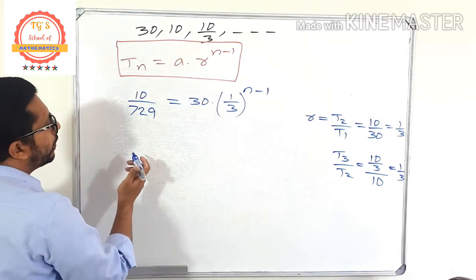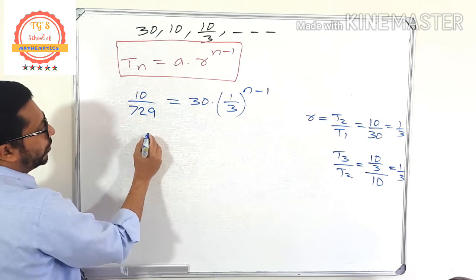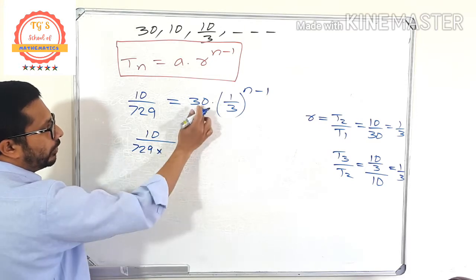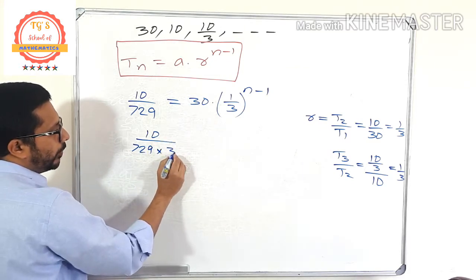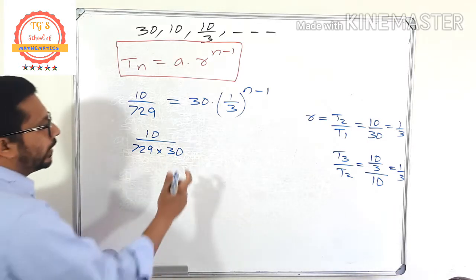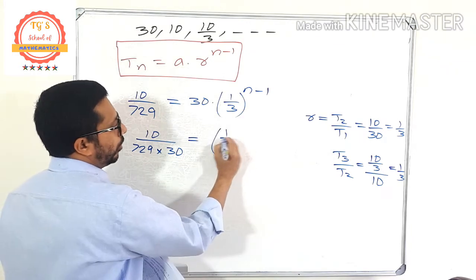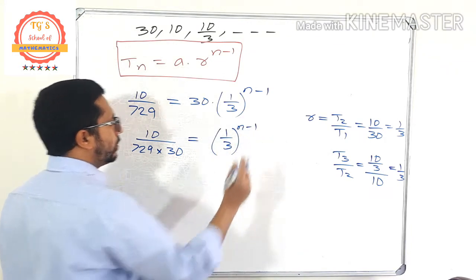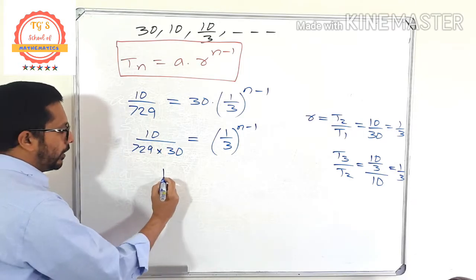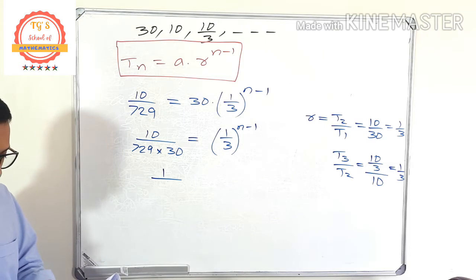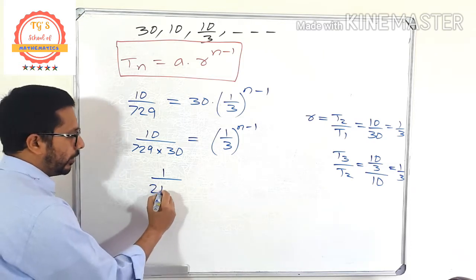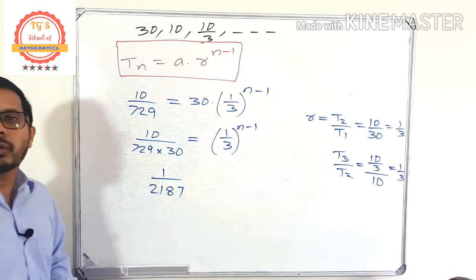So here we can write 10 over 729 divided by 30 is equal to 1 over 3 raised to n minus 1. Take your calculator and try to find the answer to this. In your calculator, you will get the answer as 1 over 2187. You can check in your calculator whether it is correct or wrong.